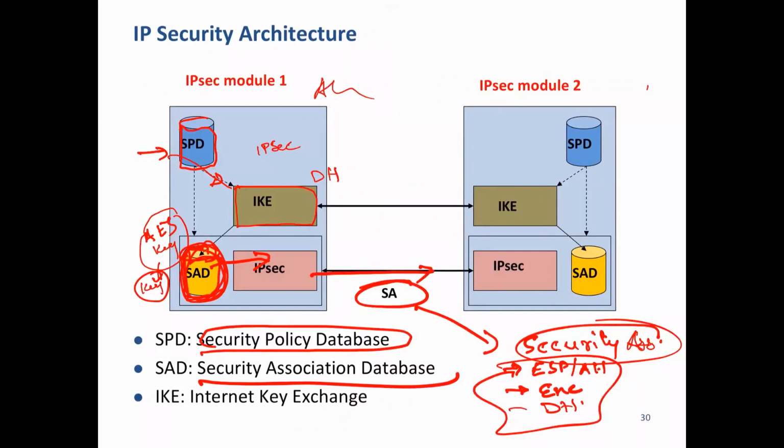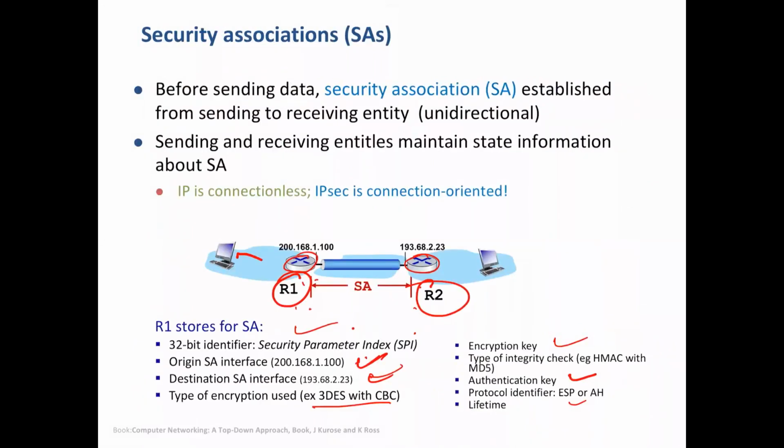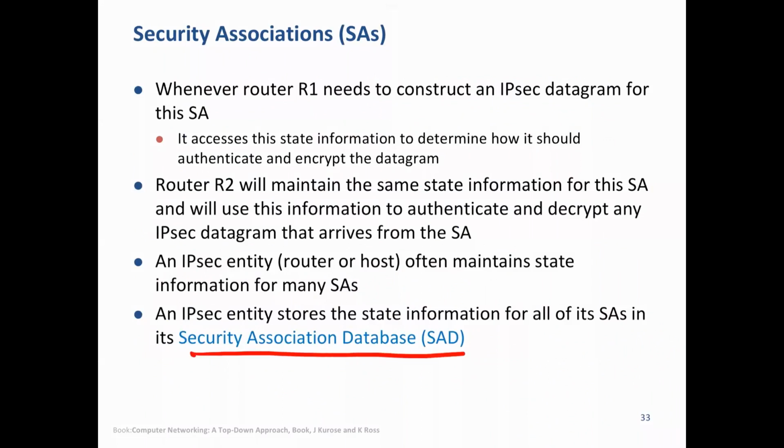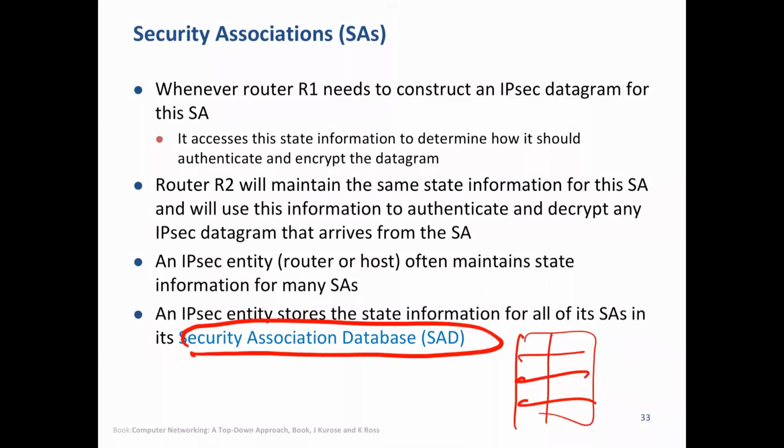It is a database which will have many entries corresponding to many security associations. SA1 will say between which source address, destination address, port number, etc., and then what the keys and parameters are.